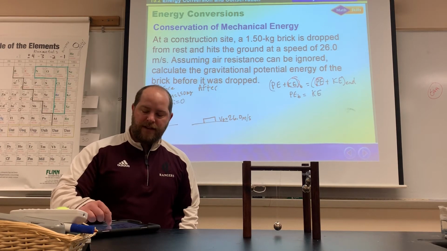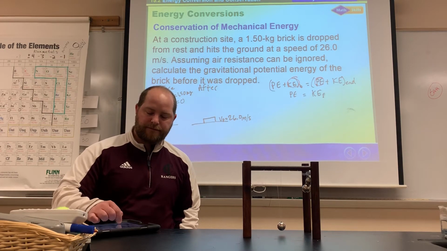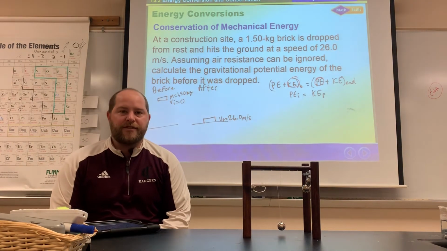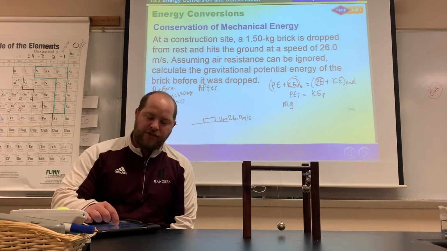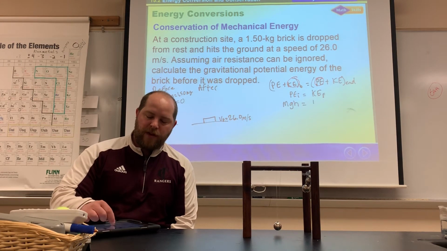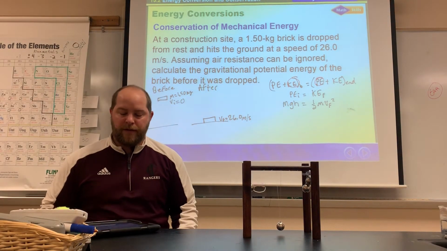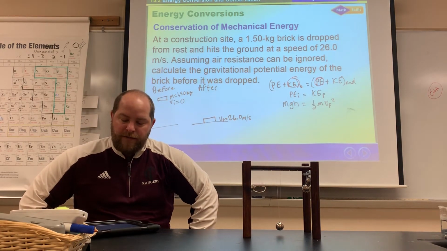And actually, I'm going to call this final and initial. I just like those terms a lot better. So potential energy initially equals the kinetic energy in the end. We can expand this out to mgh equals 1/2 m Vf squared. So now we have a new formula we can work with. What are we trying to find here?